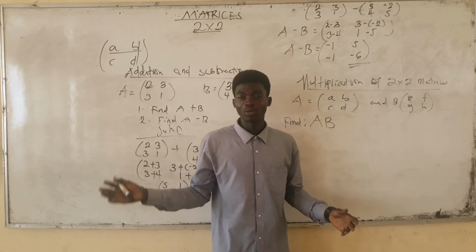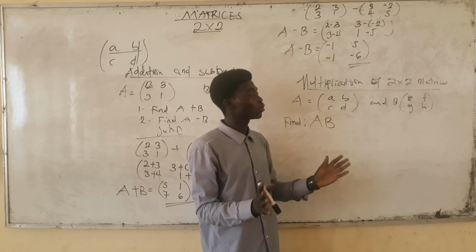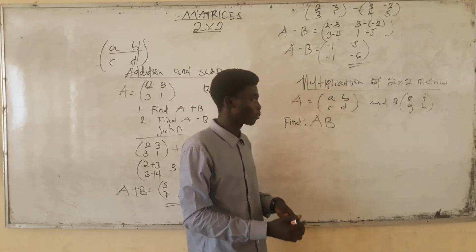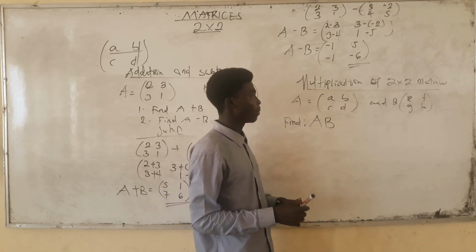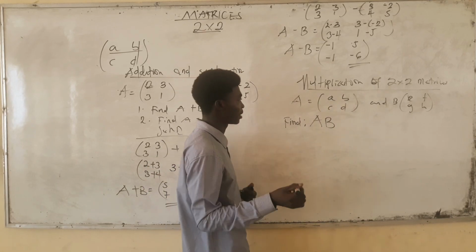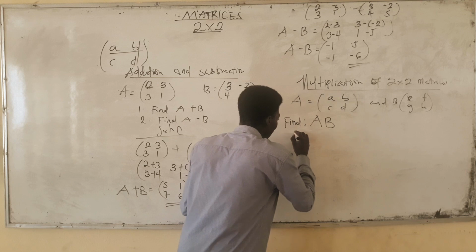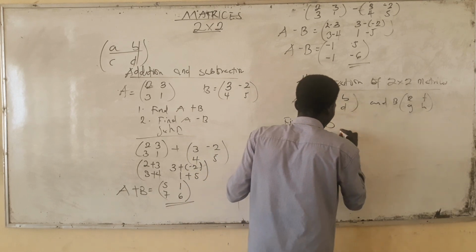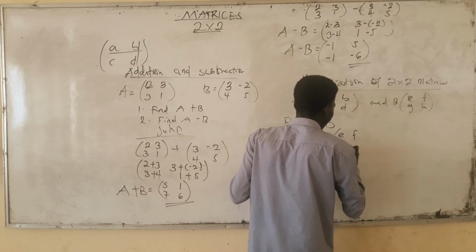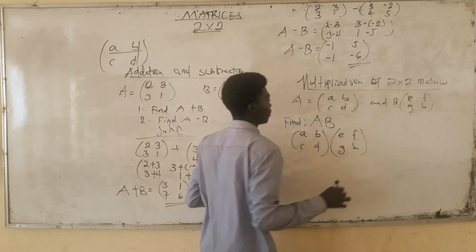Unlike the addition and subtraction, the multiplication is totally different. So we have our a, b, c, d, multiplying our e, f, g, and h.